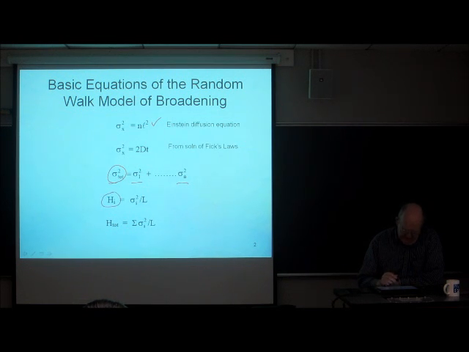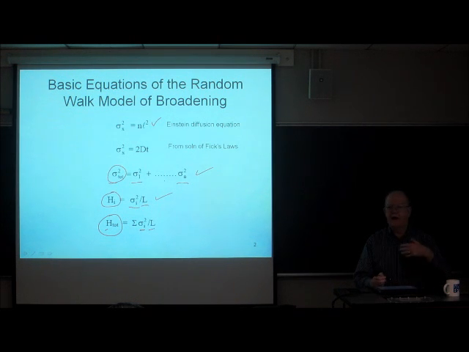The HETP, coming from basic stuff, is the variance of the peak divided by the length of the column. And so since this is true, and this is true, we put them together, and we see that the total HETP is the sum of the variances divided by L. We add up the individual variances.